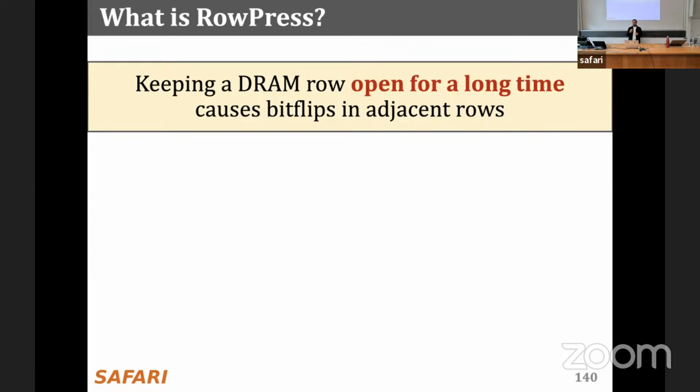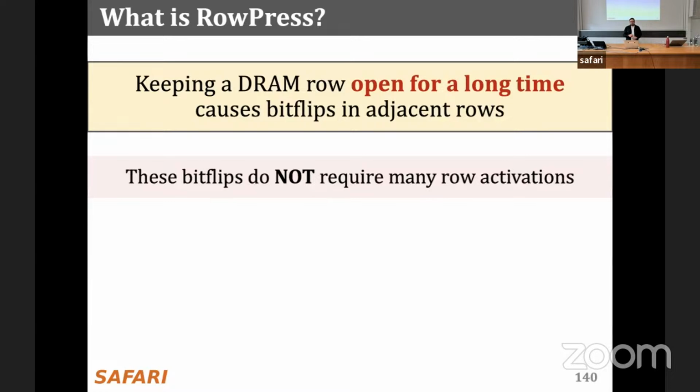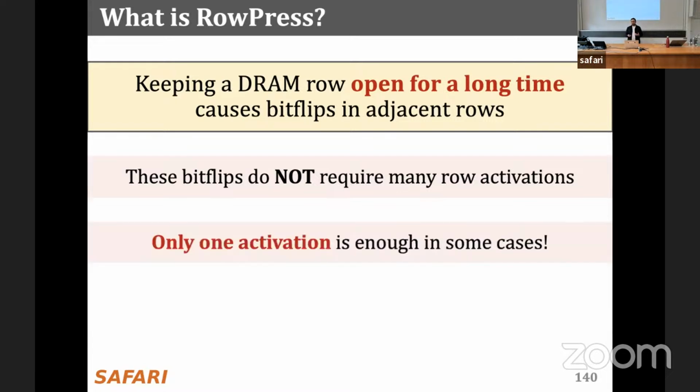And in this one, we basically do a more rigorous analysis of such phenomena, such empirical observation, and try to understand what is the root cause of this and how this behaves under different conditions. So we find that these bit flips do not require many row activations. You can achieve these bit flips by activating rows only a few times.